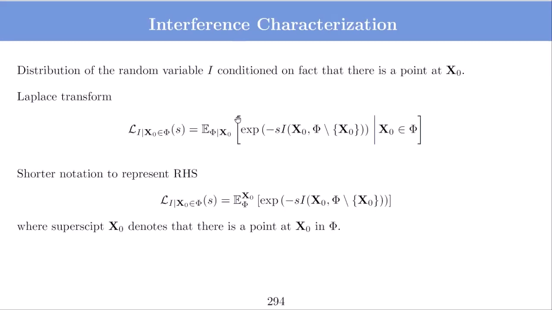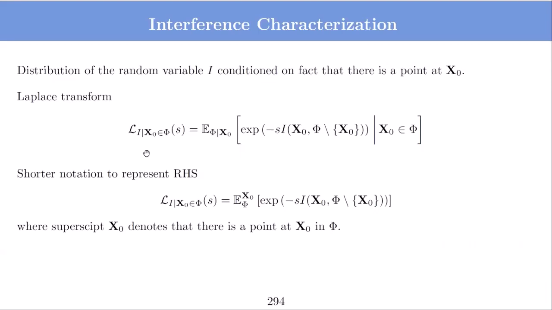And here too, before computing the interference, I'm going to condition on the desired transmitter, because without a desired transmitter, I cannot define the interference. Once you have the receiver and a desired transmitter, then we know that the rest of the base station transmitters are the interfering ones.